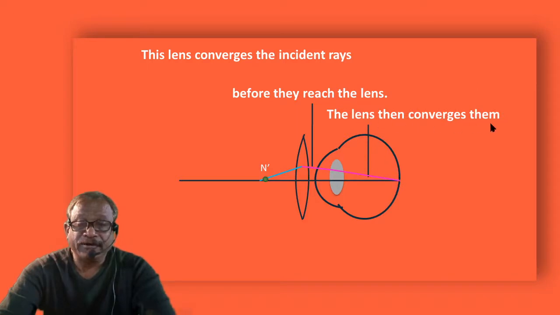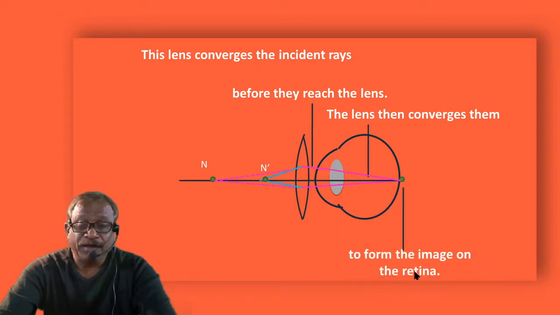The lens then converges them to form the image on the retina. So in this way, we can see the near object with the help of the converging lens.